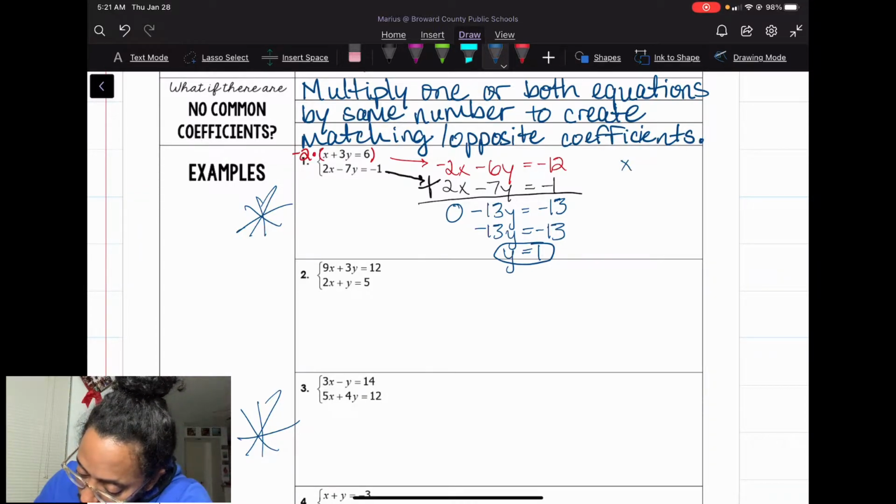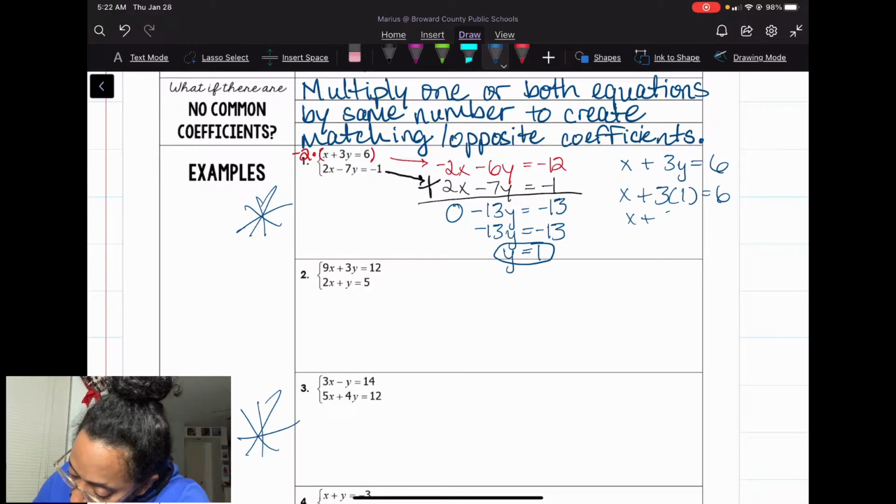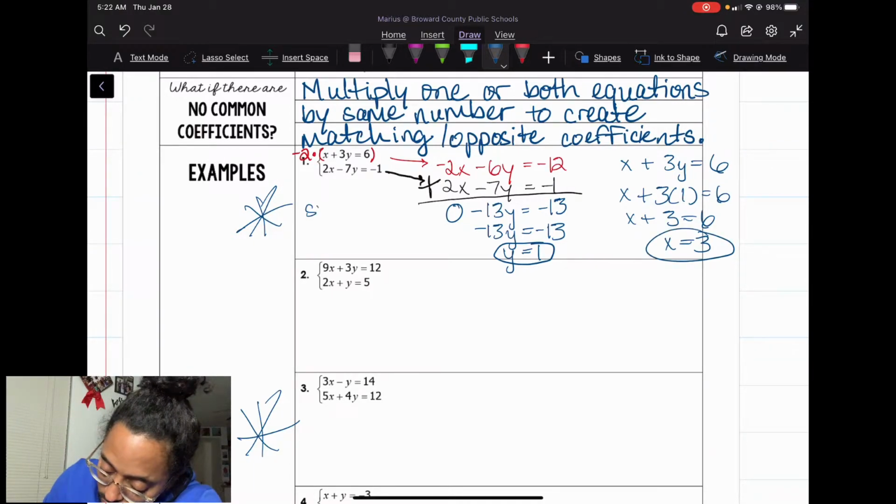The first equation reads x plus 3y equals 6. So x plus 3 times 1 equals 6. x plus 3 equals 6. We subtract 3 from both sides. That gives us x is equal to 3. So now our solution here is +3, +1.